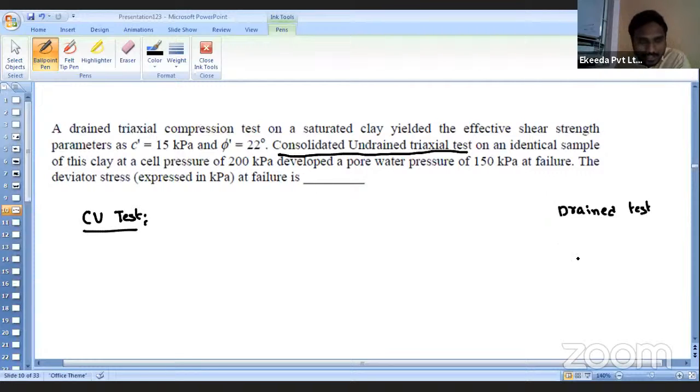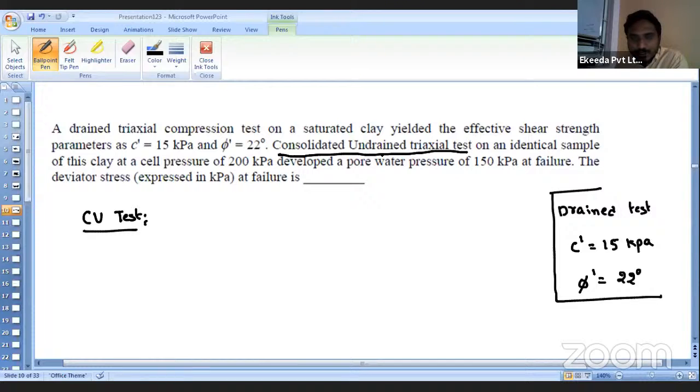We have observed the effective stress parameters, that is c dash equal to 15 kilopascal, and also they have given the effective angle of internal friction equal to 22 degrees. Okay, keep these two aside. And for the same sample, they are conducting the undrained test.